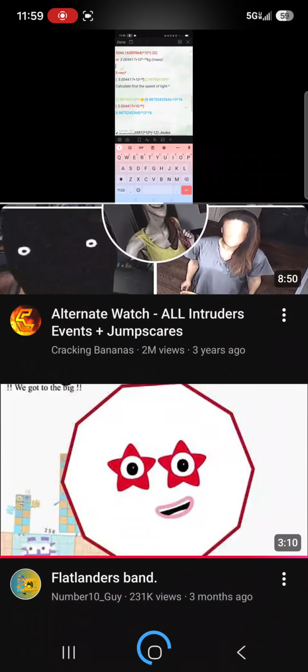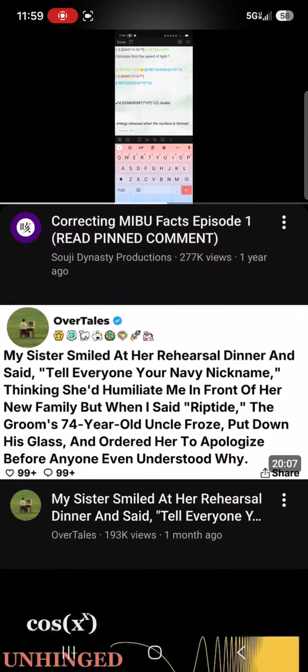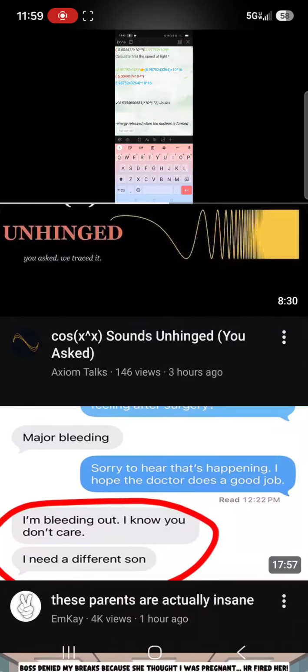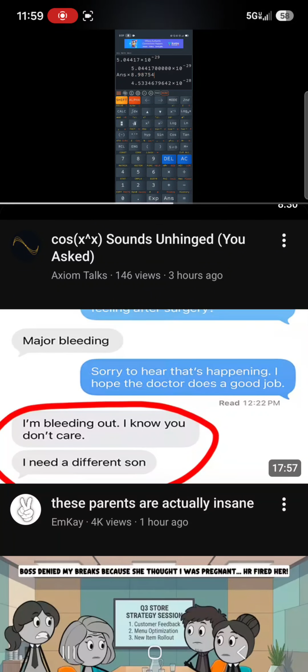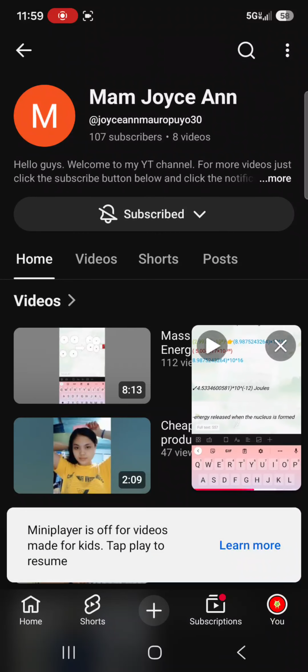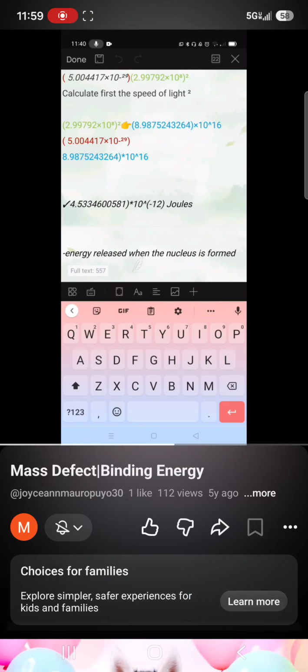And we go back to the formula, E equals mc, removing the square. This is the mass defect, 5.00417 times 10 raised to negative 29, times the squared speed of light, 8.9875243264 times 10 raised to 16.